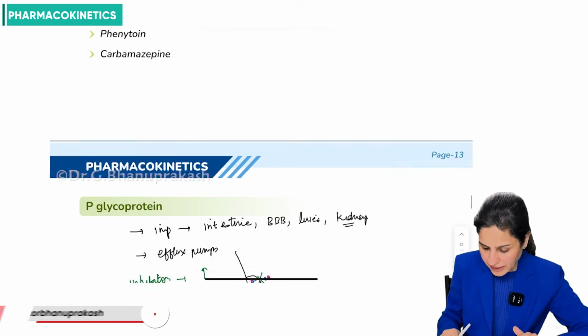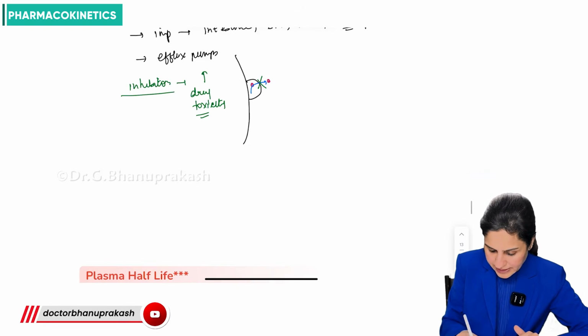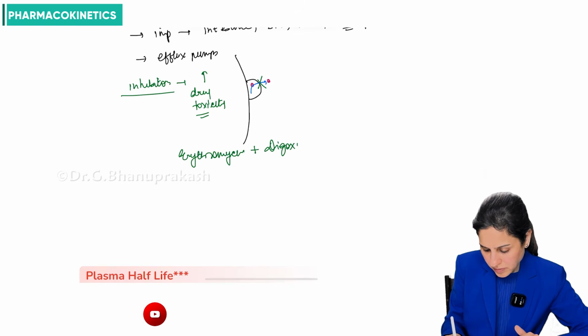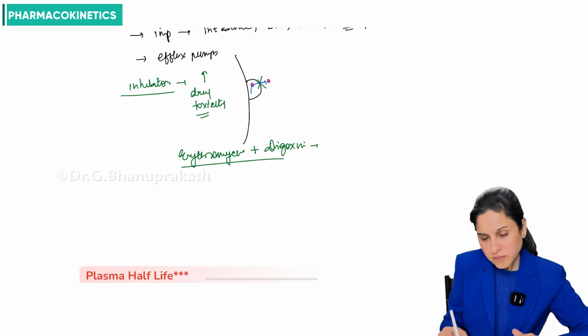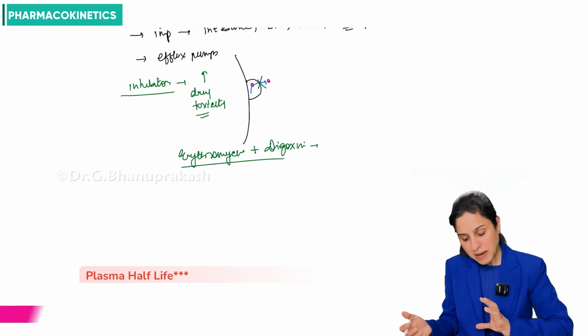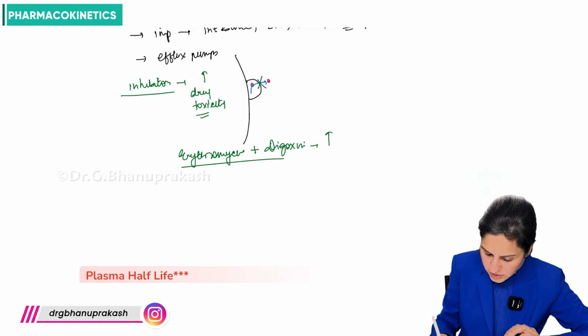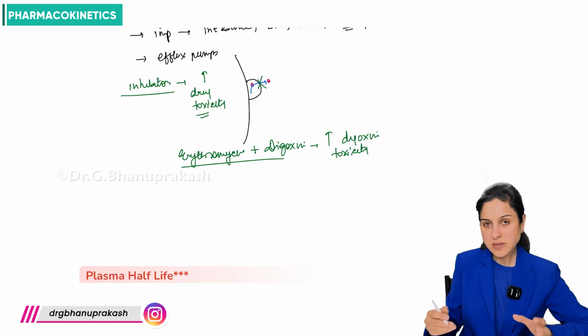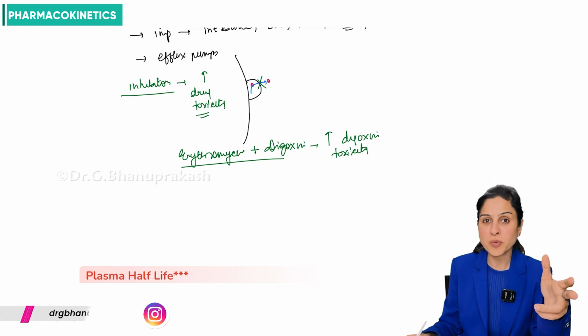For example, the inhibitor, let's say erythromycin, with digoxin. It can inhibit the efflux pump. So there can be enhanced toxicity of digoxin, increased digoxin toxicity. The question can be asked, what is the reason? Because it is a P-glycoprotein inhibitor.